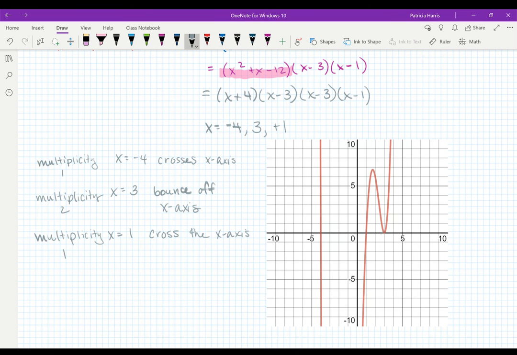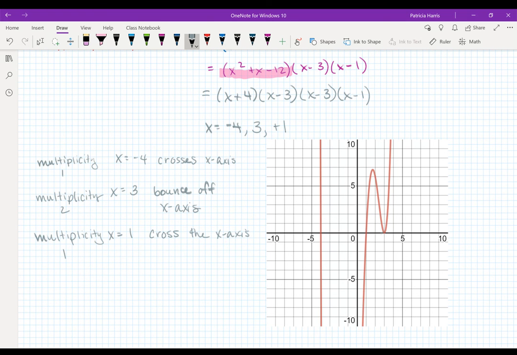So based on the multiplicity, if it's odd, like 1, you will have an x-intercept that will cross the x-axis. So it'll go from positive to negative or negative to positive. If you have a multiplicity that is even, like 2, then your graph will bounce off the x-axis. It's kind of interesting how many times the solution appears actually affects how your graph looks.